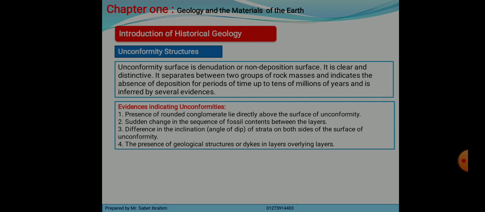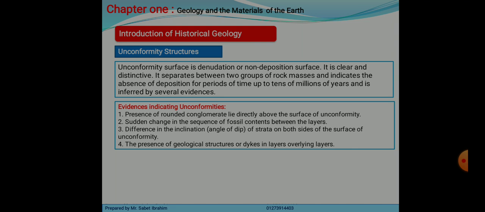Evidences indicating unconformities. Number one, rounded conglomerates lie directly above the surface of unconformity.